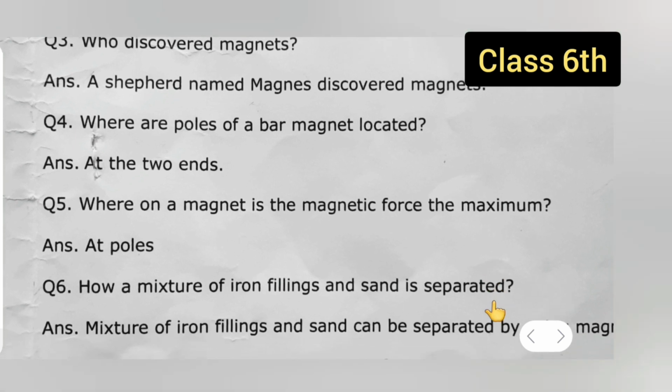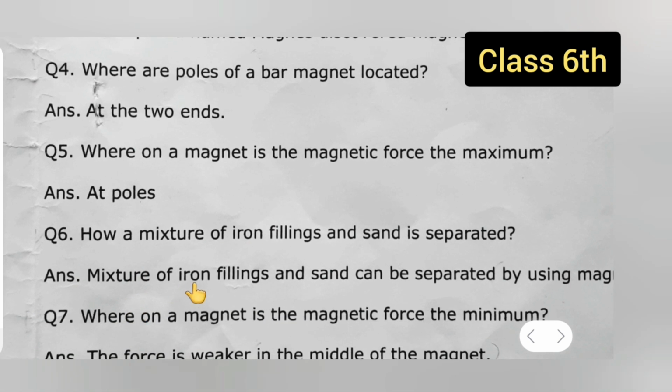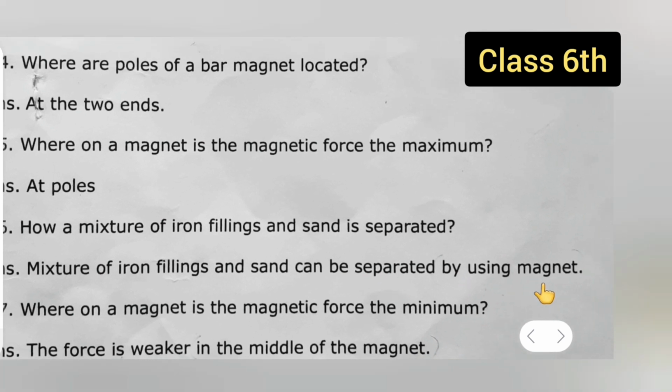Next, question number 6. How is a mixture of iron filings and sand separated? A mixture of iron filings and sand can be separated by using a magnet.